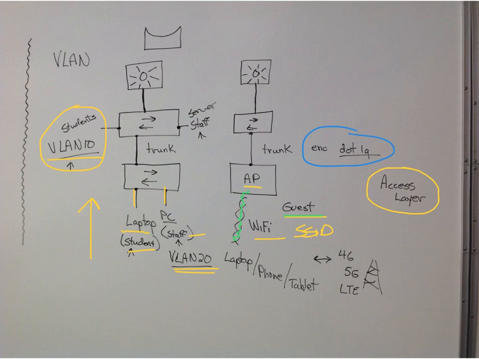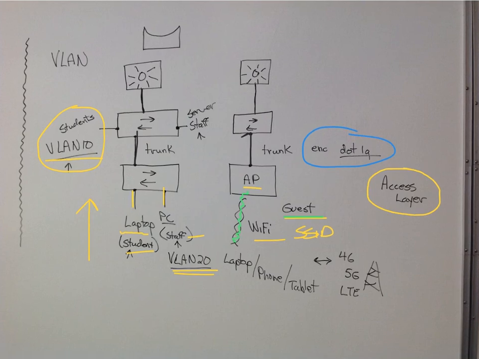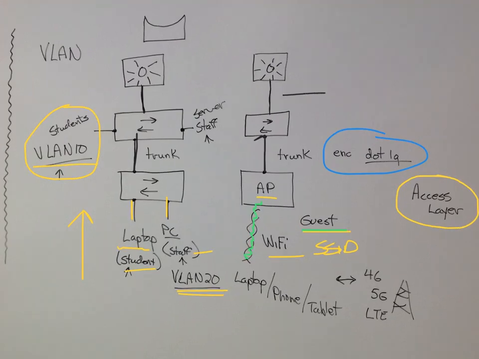Same thing's going to be true. We can trunk here, here, and then if we're going to send it, let's say, up to a multi-layer switch, it can get trunked. We can have a trunk here, which also marks the VLANs.